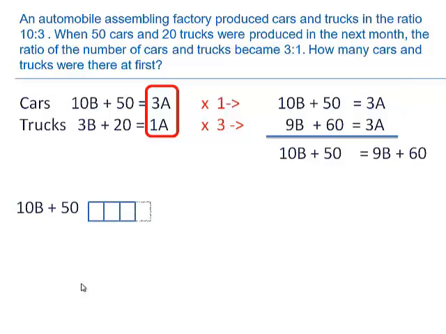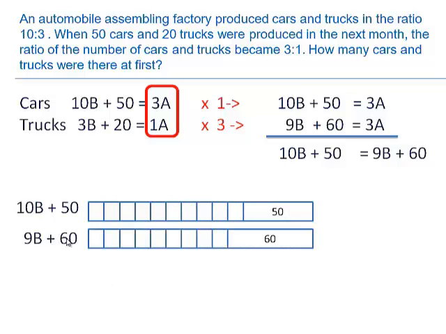We're going to show that in pictures. This is 10 before units plus 50 shown here, and we are showing 9 before units plus 60. You see that the unit sizes are the same because both of them represent before units, so that 1 unit here is equal to 1 unit here.